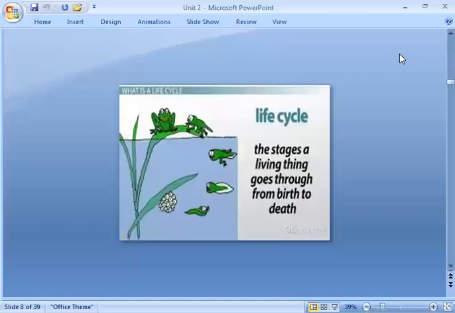The stages a living thing goes through from birth to death. An animal life cycle starts when it is born. The life cycle continues as the animal grows up. It is not only animals that have a life cycle. Every living thing has a life cycle.